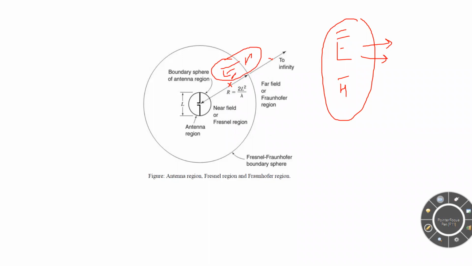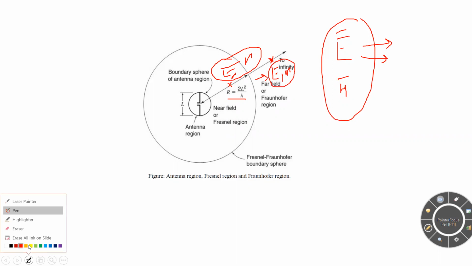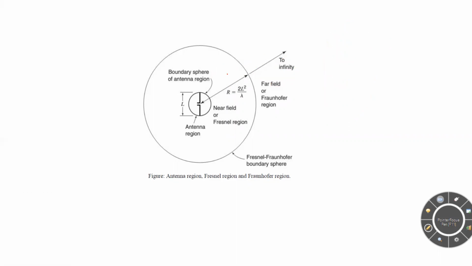But if the observation point is at a distant point, satisfying the condition that r is greater than 2 times L square by lambda, and we obtain E and H at this point, then we know that these are present in the far field region. Therefore we need to have a recap of this part.